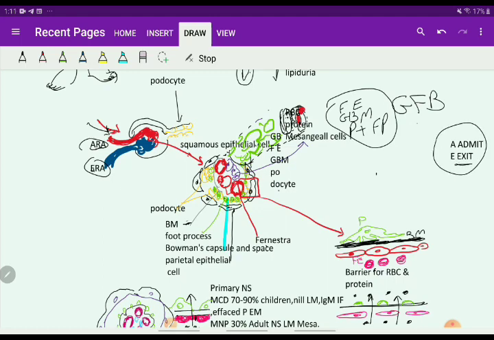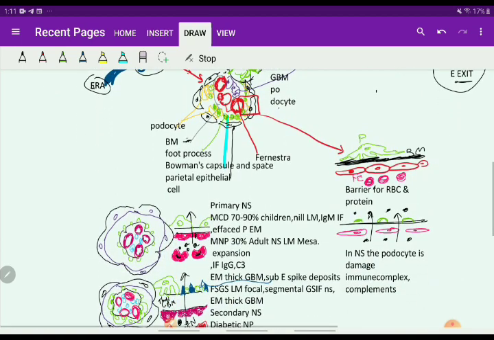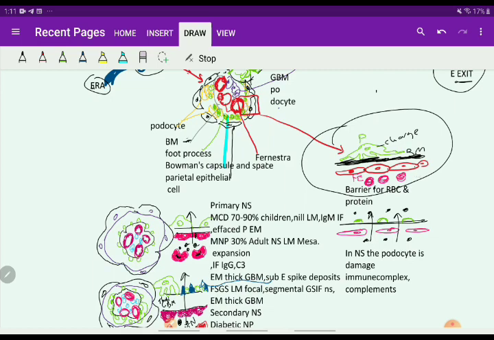Keep this in mind for long-term memory. Next we explain these layers. The barriers for the RBCs and the protein, as you see, are the small fenestra, the basement membrane, and the podocytes, which contain the negative charge. So this is the barrier, as you can see here.